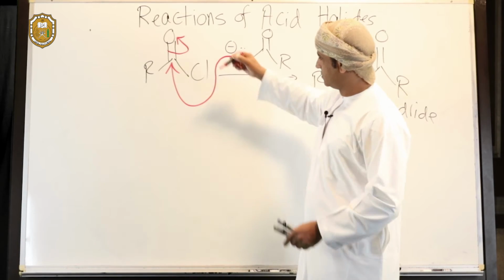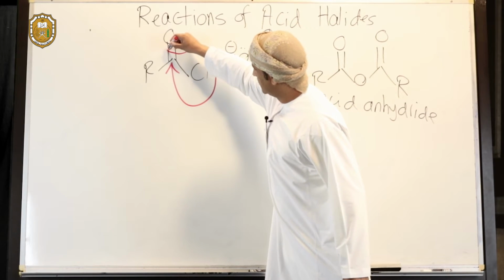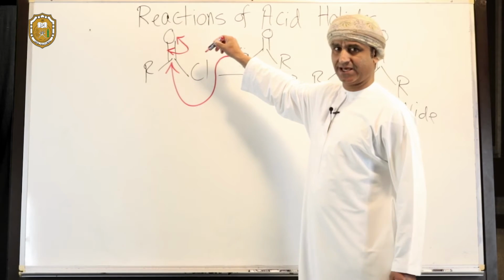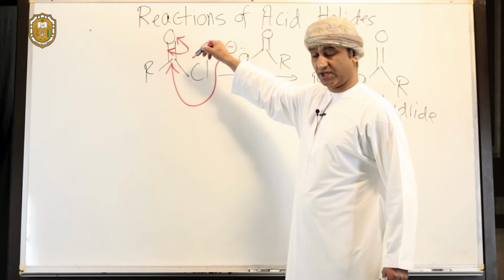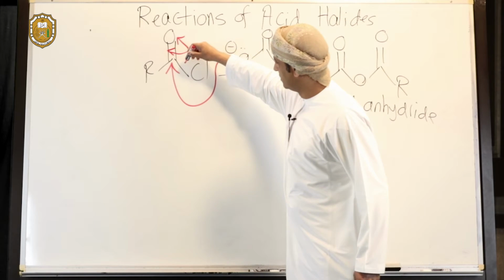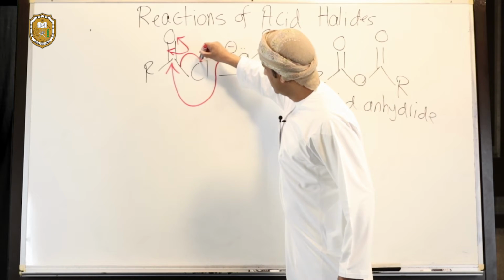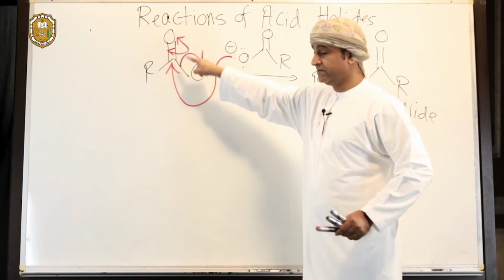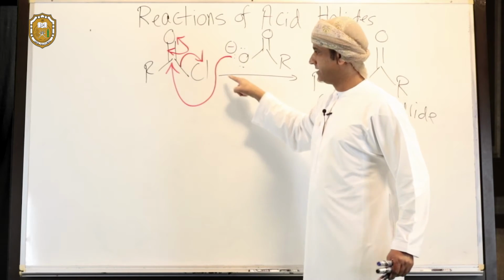So we can assume that the carbonyl group is reformed by drawing an arrow like that, so reformation of the oxygen carbon double bond with departure of the leaving group. So addition followed by elimination.